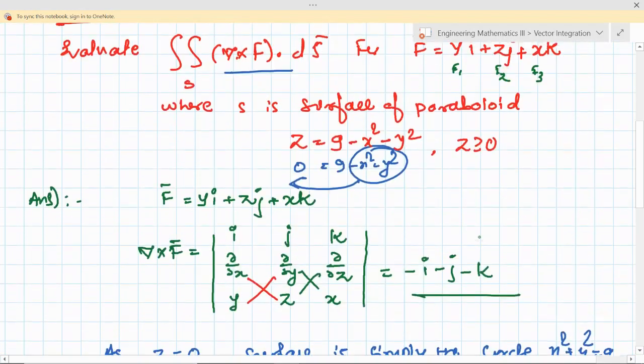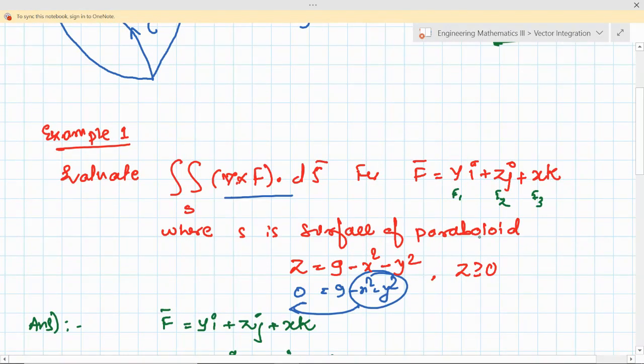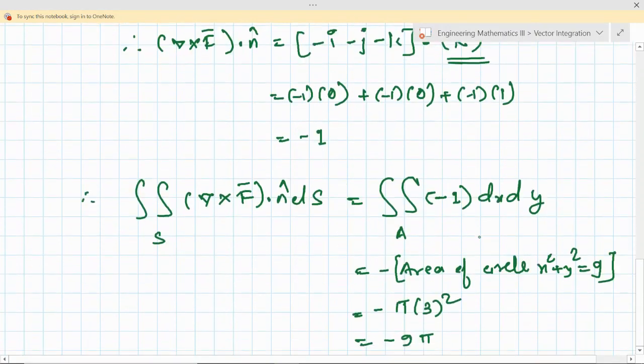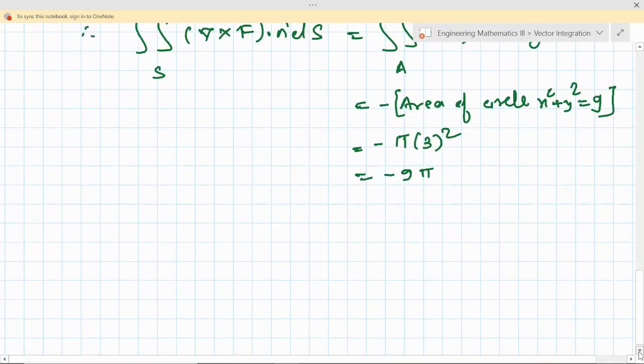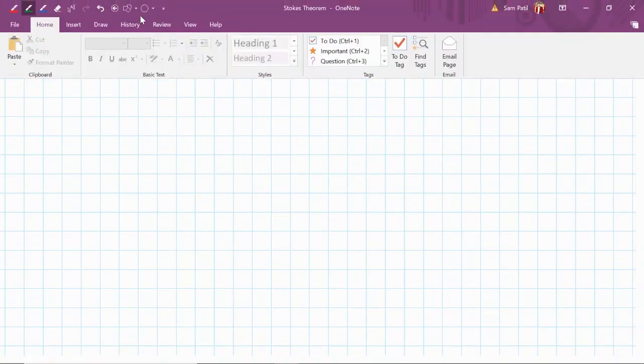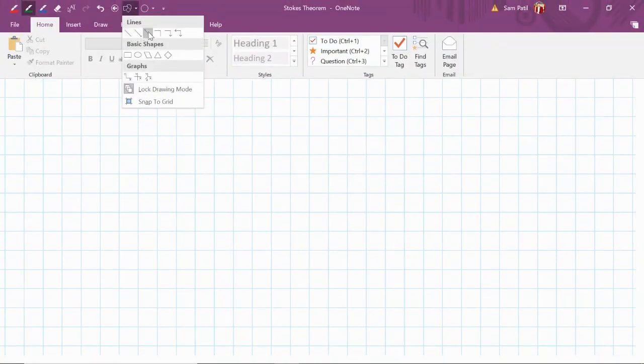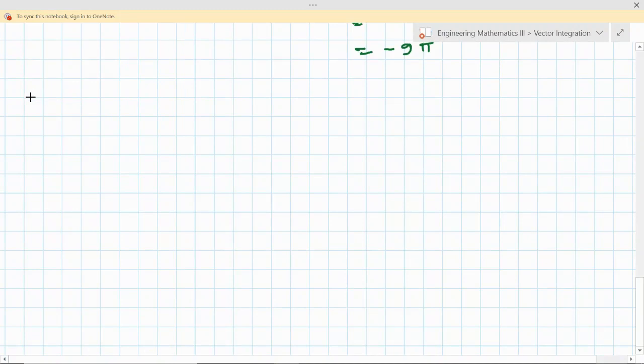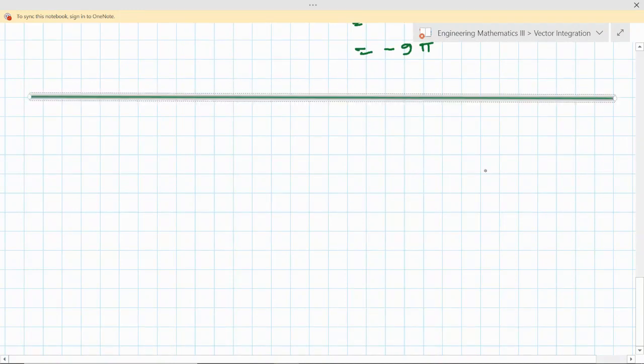Now this is one method to find the surface integral, or otherwise we have another method. And what is it? By using Stokes theorem. With the help of Stokes theorem also we can evaluate this integral. Let us see how.